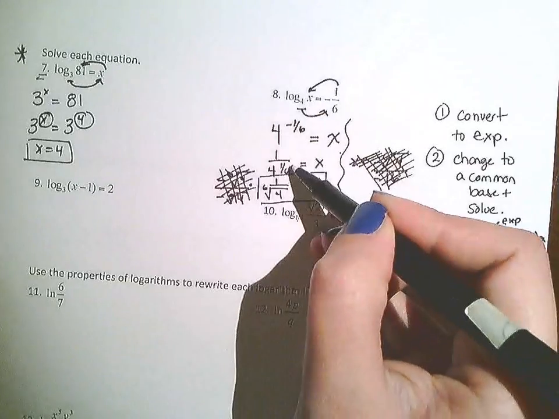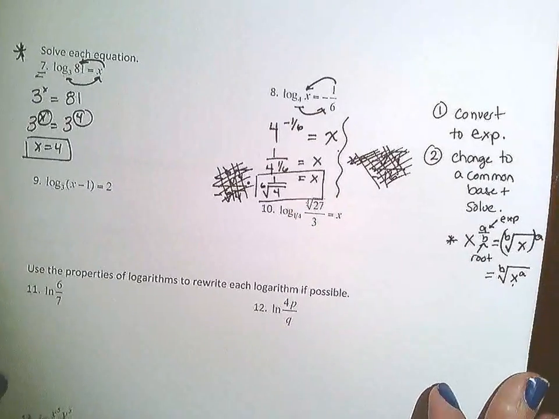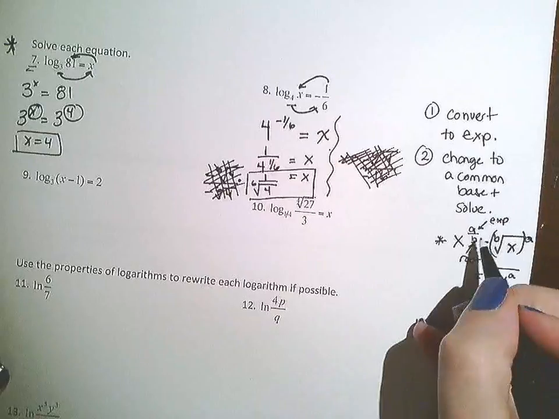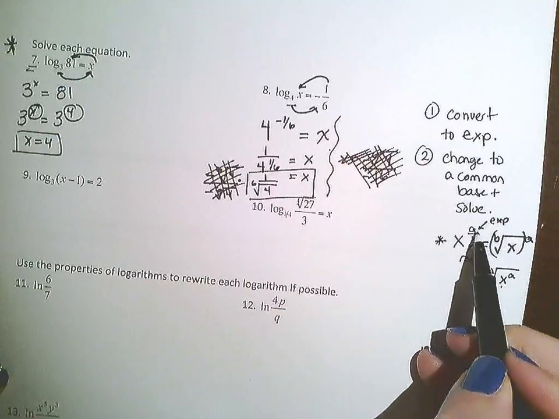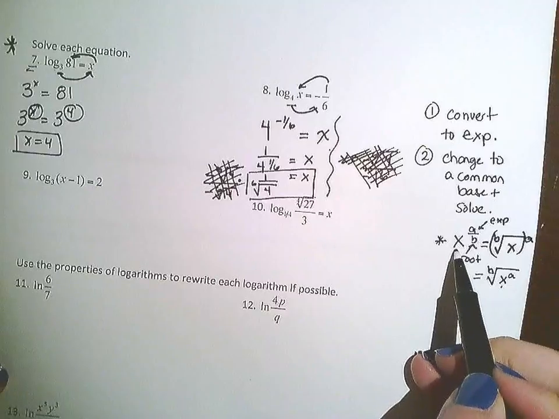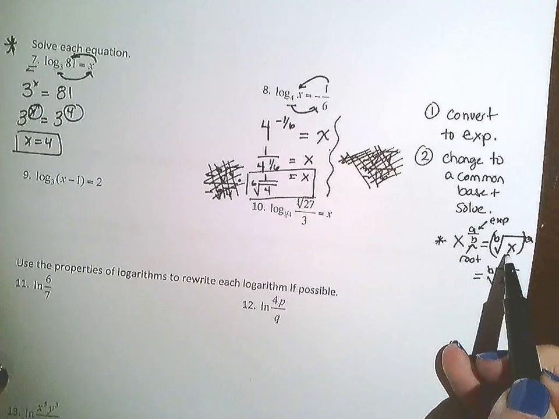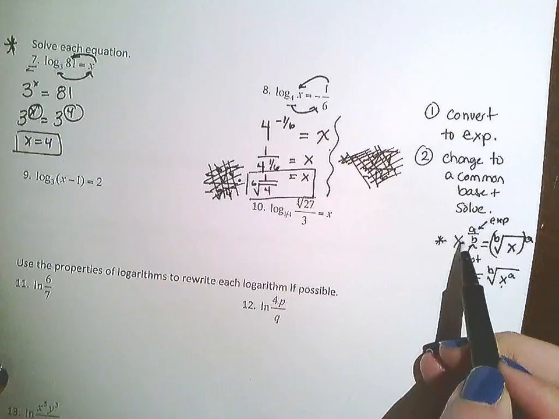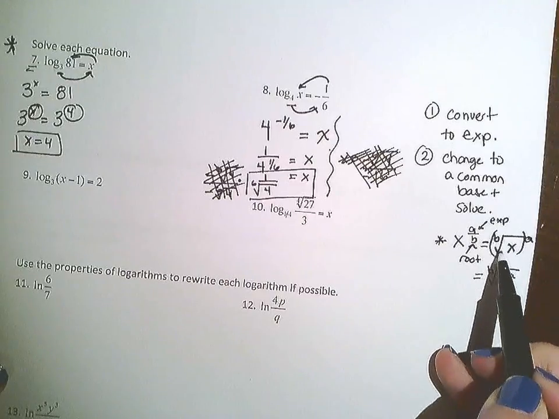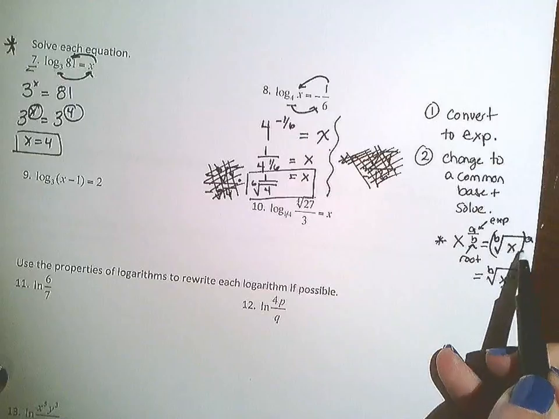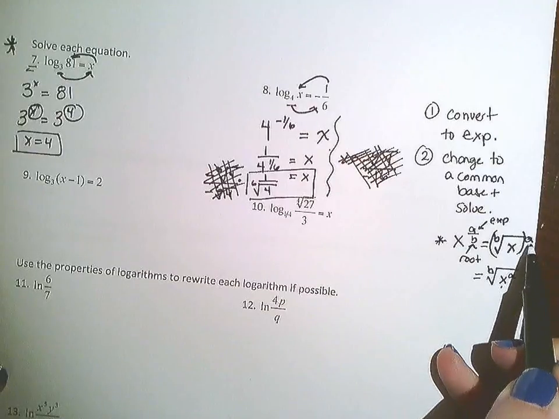Now if you remember, anytime you have a rational exponent, technically you can take that rational exponent with its base and rewrite it using a radical. So x raised to a over b is the same thing as saying the b root of x raised to a.